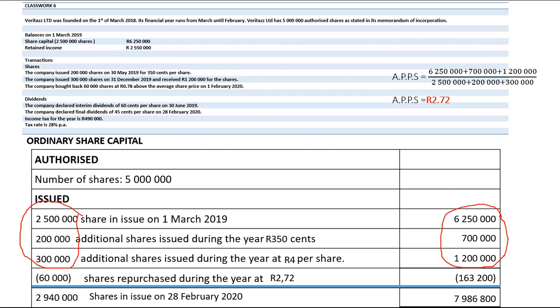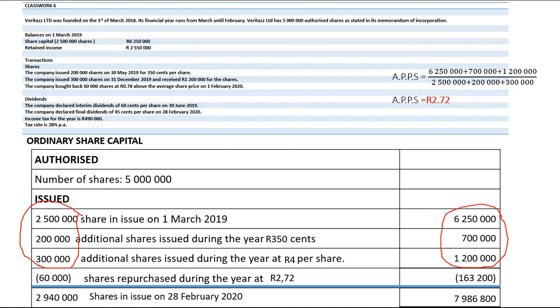So there's no way that you can try to calculate your average price per share. So you won't have a choice but to take that 7,986,800 and divide it by 2,940,000. It'll give you R2.72, and that will be your average price per share because the last transaction was the buyback. It only works out if the last transaction was the buyback. Otherwise, it will not work out.